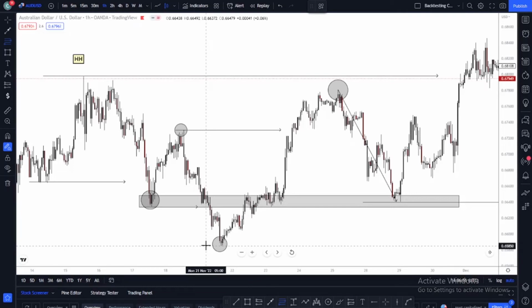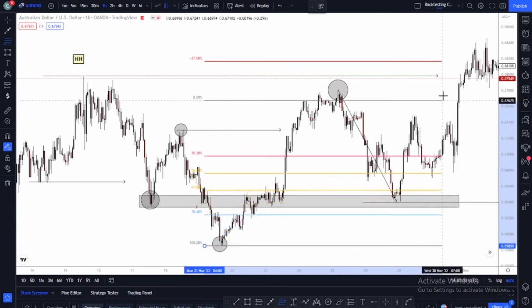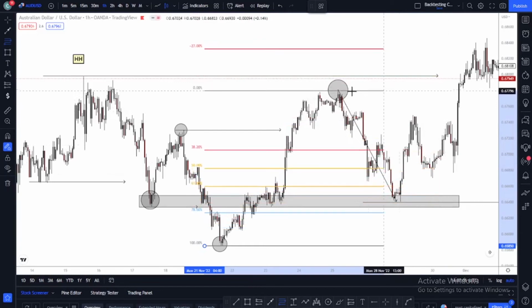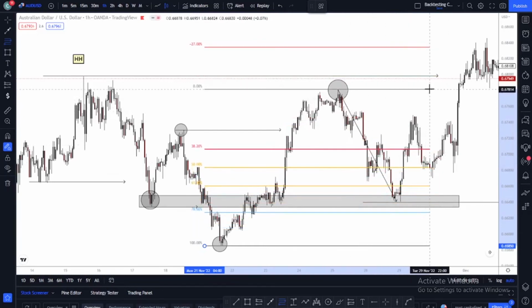So we draw from point A, which was our lower low, and drag it to our new high created, which is here, our higher high, point B, where the price came to. Price went a little bit below our 61.8, but it's still around that area.